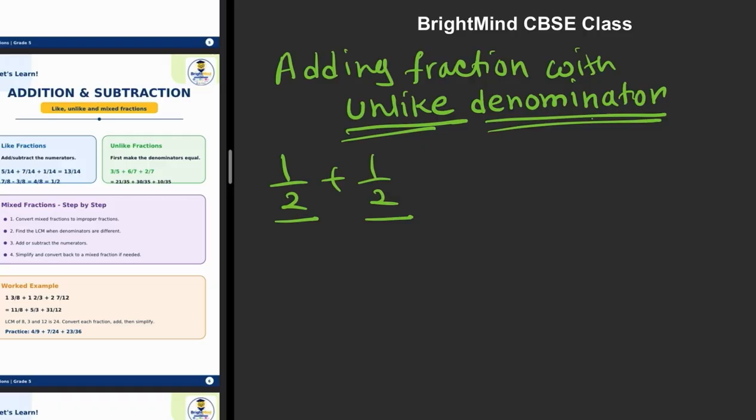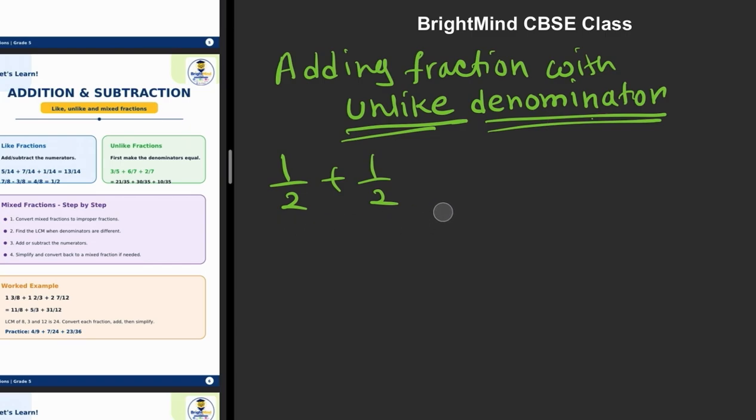So, let's get started. Before we add or subtract unlike fractions, we must remember one important rule.